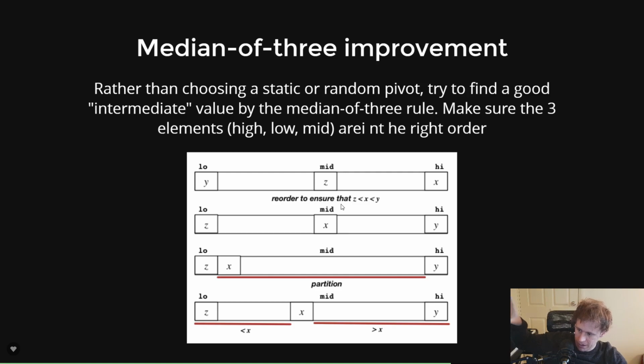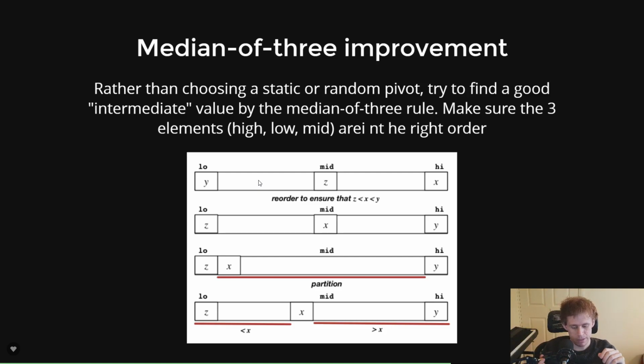Well, sorry, I'm going to reorder them to ensure that Z is always less than X, which is less than Y, and then that helps me choose my pivot at that point. So what we mean is that if we pick these three numbers, we want to rearrange them such that the smallest value is at the index on the left, the highest value at the index on the right, and the middle one is in the middle.